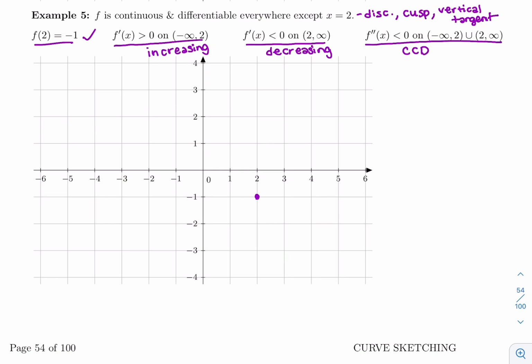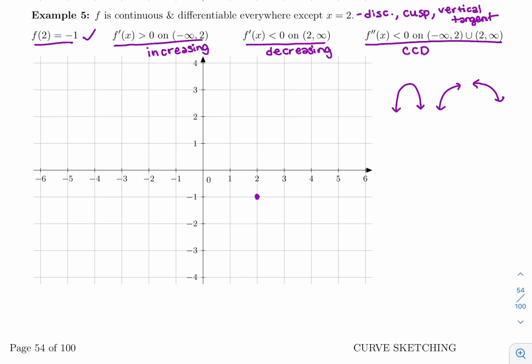I'm just going to think about concave down, my 3 U's: the full upside down U, just the left side, just the right side. I want to switch from increasing to decreasing while remaining concave down, so I want to be concave down before 2 and after 2.